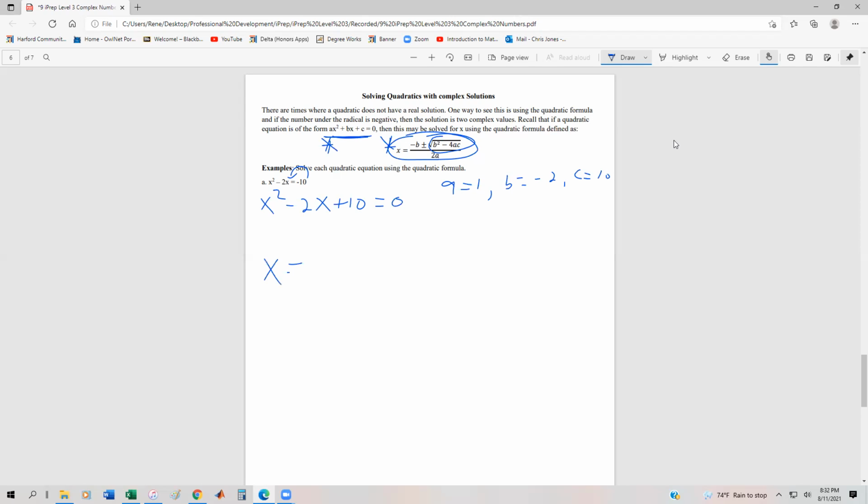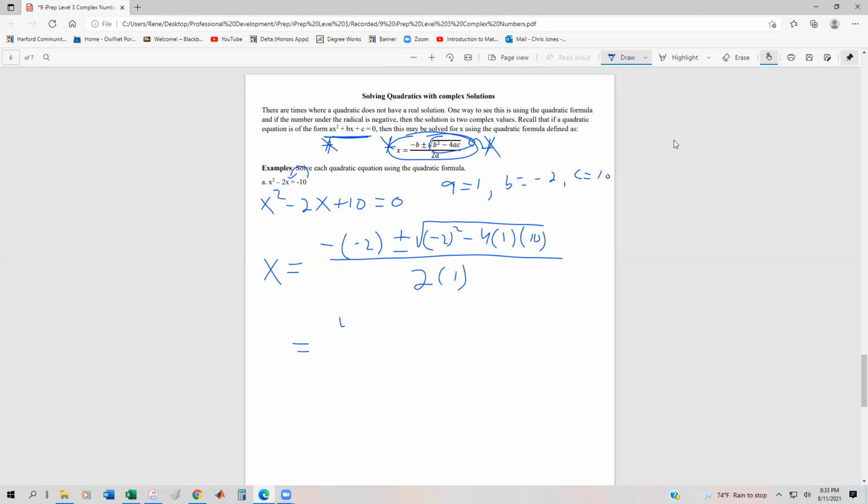So x is going to be equal to the opposite of negative 2 plus or minus the square root of negative 2 squared minus 4 times 1 times 10, and we're going to divide all of that by 2 times a, which is 2 times 1. Just like we've done before, we're going to simplify.